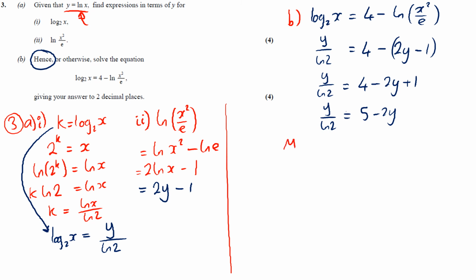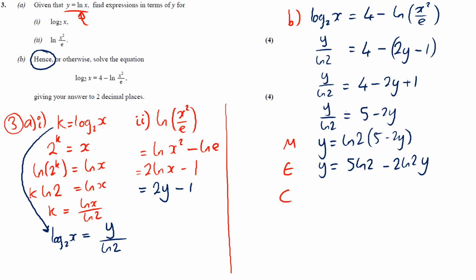So we'll multiply both sides by that ln 2. So we'll end up with y equals ln 2 times 5 minus 2y. We'll then expand that bracket and we'll end up with y is 5 ln 2 minus 2 ln 2 y. That's a very pleasant thing.